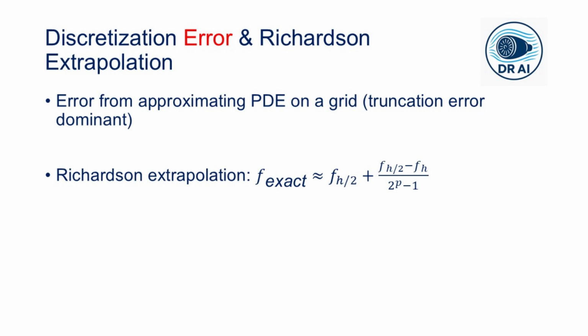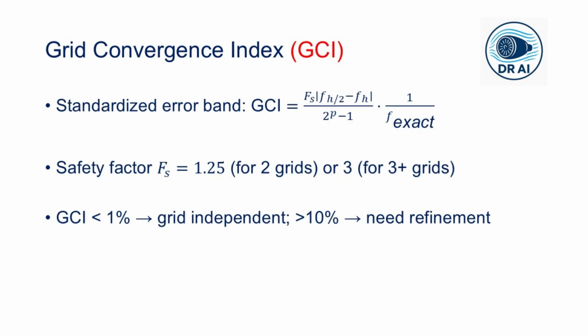The Grid Convergence Index, GCI, is a standardized error band which we can represent by this equation. GCI equals F_s times the absolute value of f(h/2) minus f(h), divided by 2 to the power p minus 1, multiplied by 1 over f exact, where F_s is a factor of safety, typically 1.25 or 3.